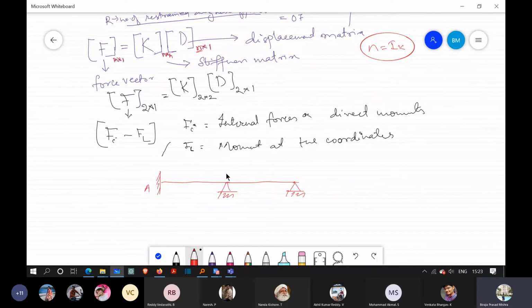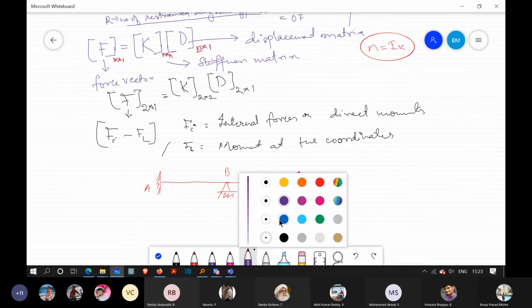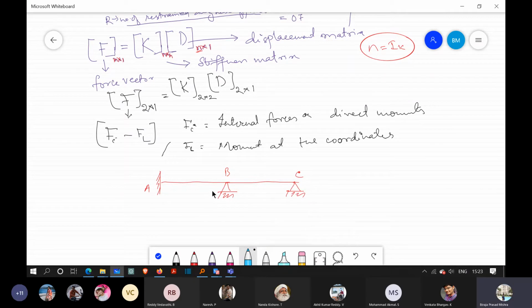This is A, this is B, this is C. So the coordinate 1 will be here, and the coordinate 2 will be here. It means that we will apply unit rotations here in order to determine these two rotations. These two rotations are unknown here, so we need to find them out.